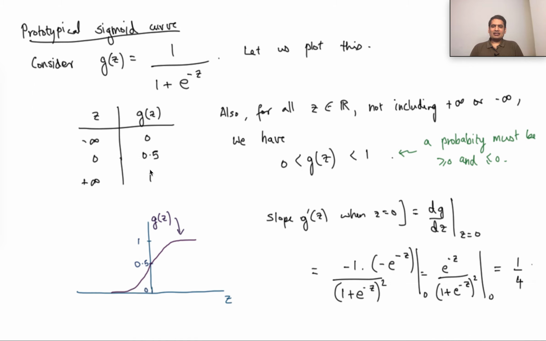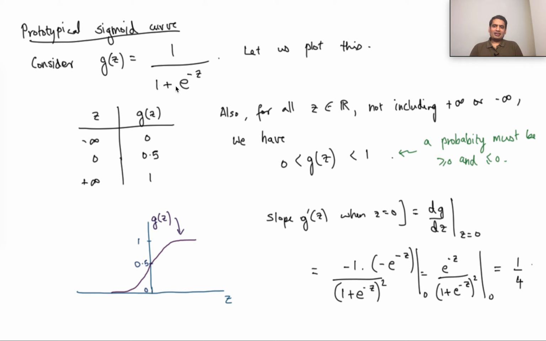So you have these three limits, and then you can also show that e power any real number is at least 0, greater than or equal to 0.